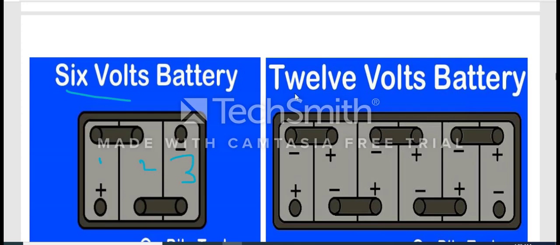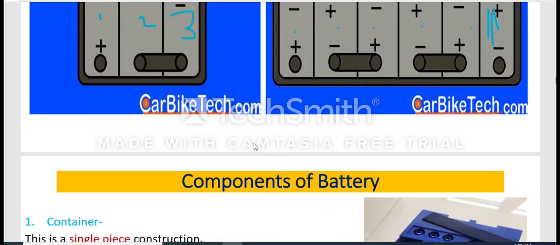If the battery is 12 volts, then there are six compartments. Inside these compartments positive and negative plates are alternately arranged. Each cell will generate 2 volts. This is the basic construction of the lead acid battery.